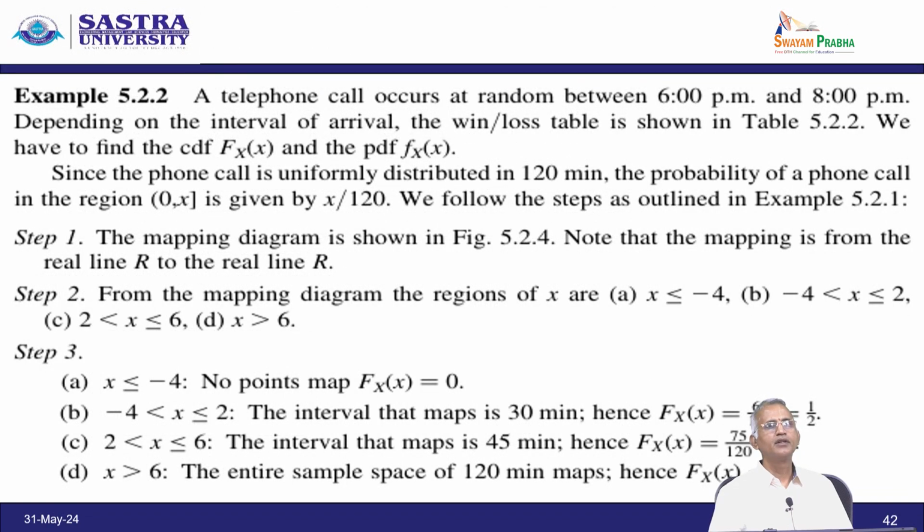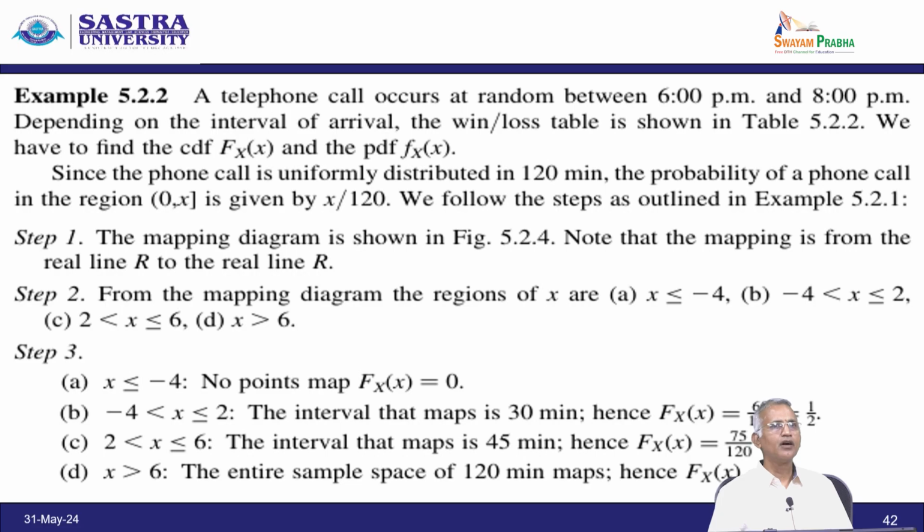Now, another example: a telephone call occurs at random between 6 p.m. and 8 p.m. Depending on the interval of arrival, the win or loss is shown in the table. We have to find the cumulative distribution function and the probability density function.